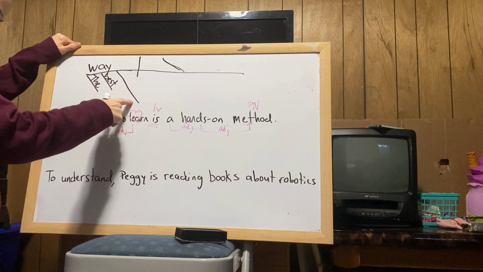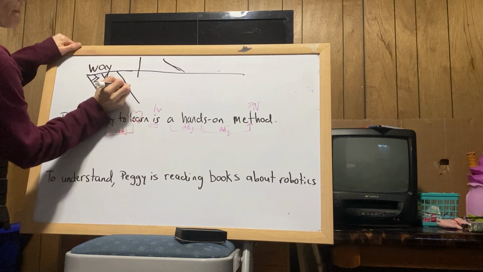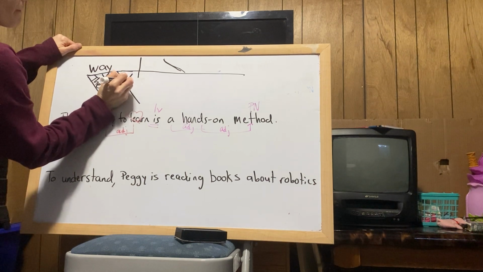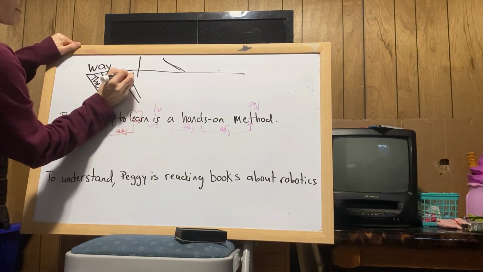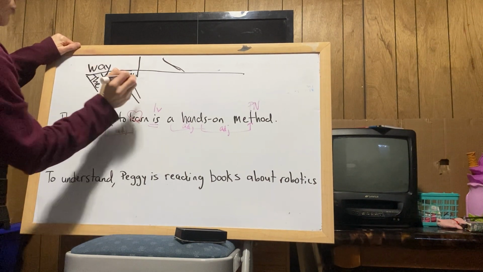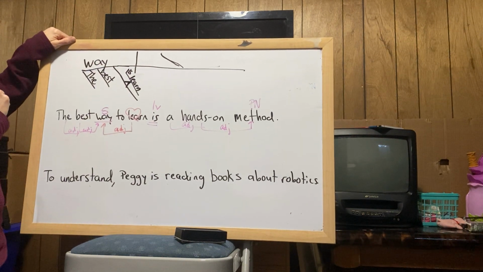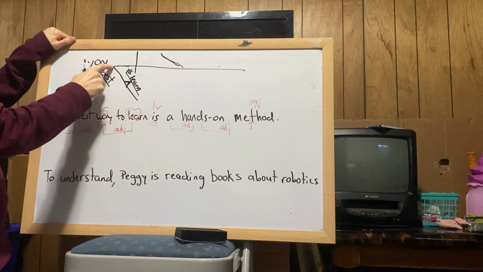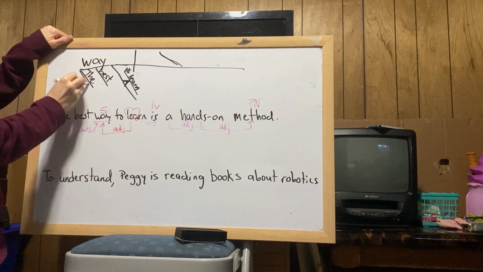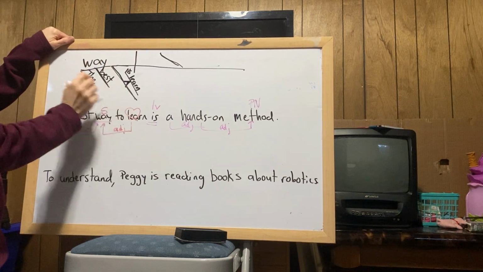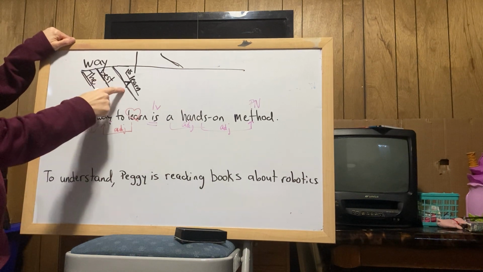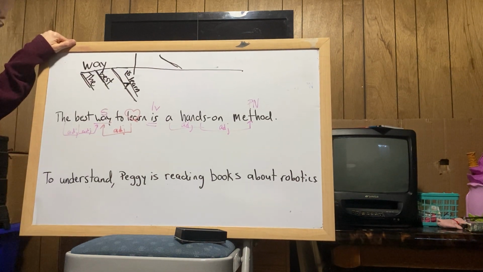Draw your line down like you're going to modify it. And then we have to go like this. To learn, okay? The best. So you have 3 lines. 1, 2, 3. 1 for the, 1 for best, and 1 for to learn on your pedestal.